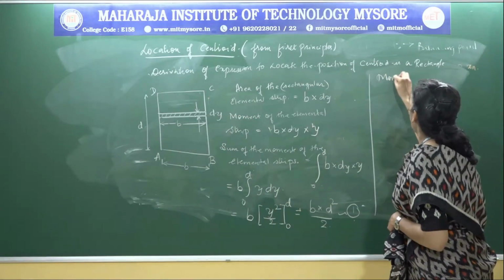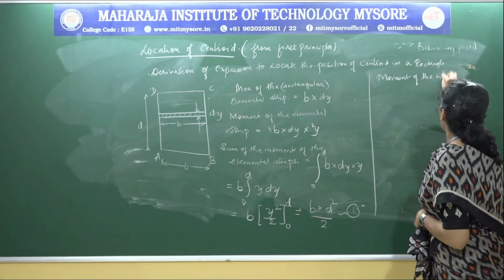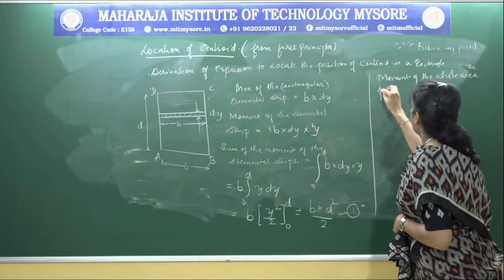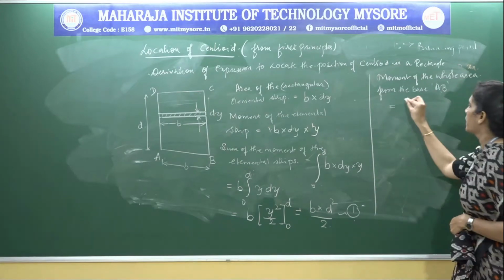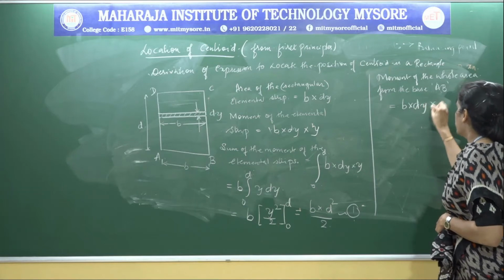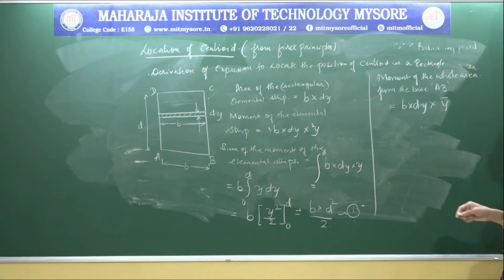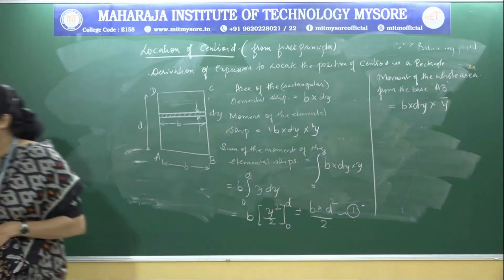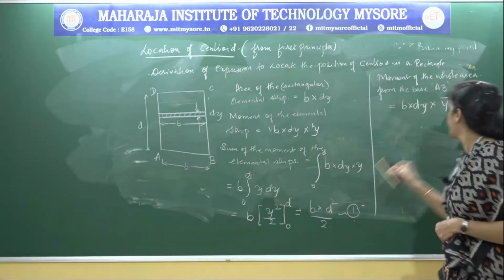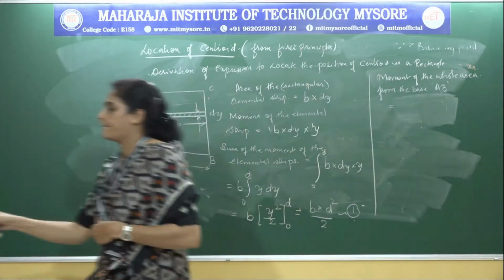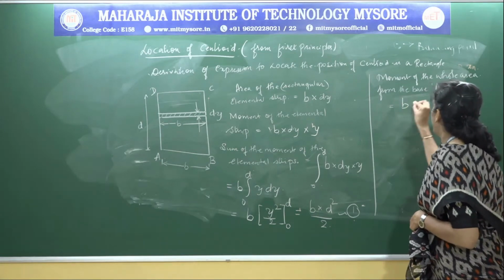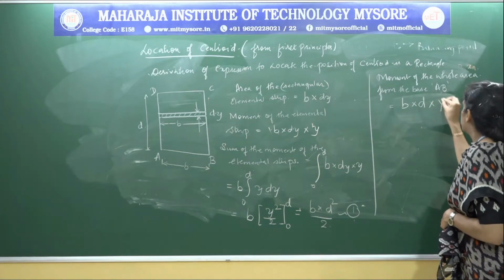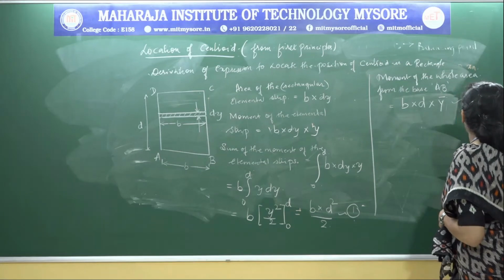So now moment of the whole area from the base AB is equal to B into d into y bar, that is base into height into the centroidal distance. So we shall name this as equation 2.